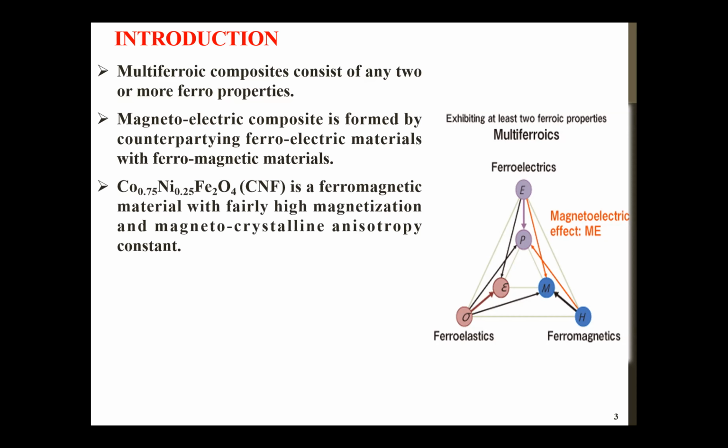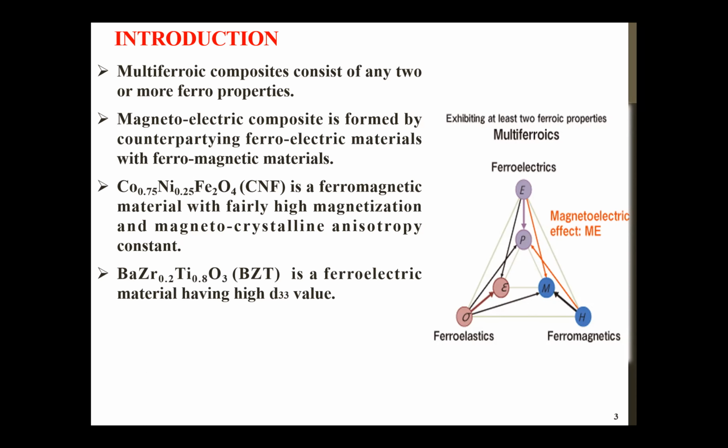There is a search for room temperature multiferroic magnetoelectric composites exhibiting magnetoelectric coupling at room temperature. In this study, we selected cobalt nickel ferrite for its higher magnetization and crystalline anisotropy constant, which will help us gain more magnetization compared to other compositions reported before.